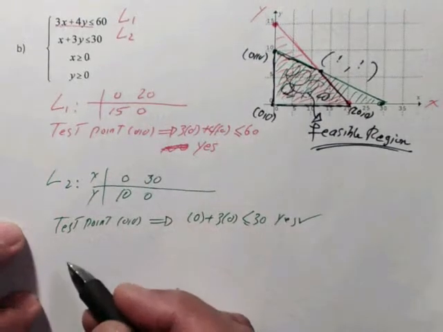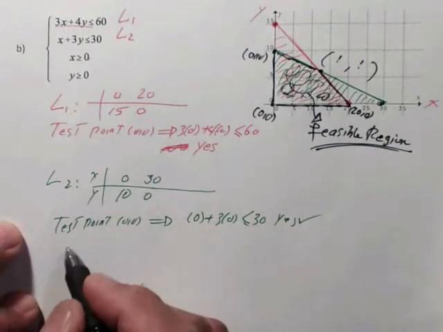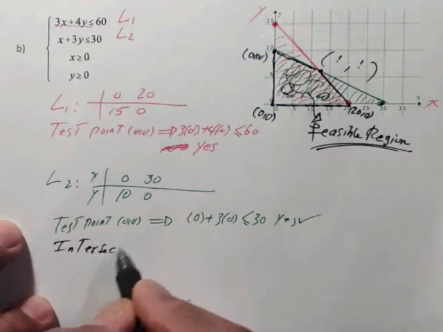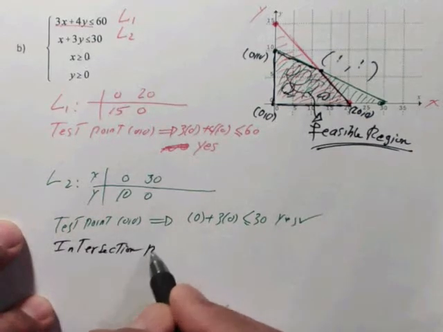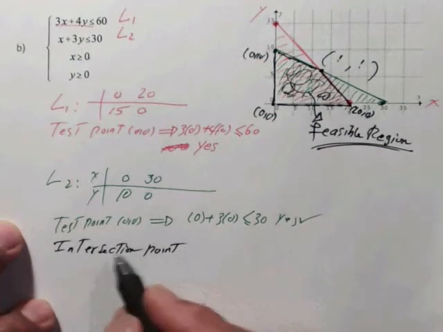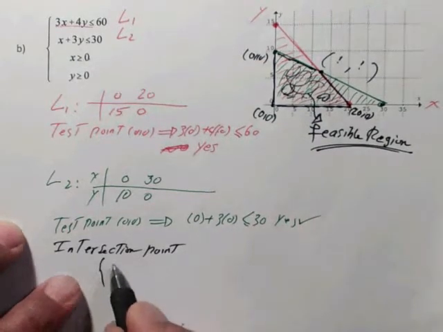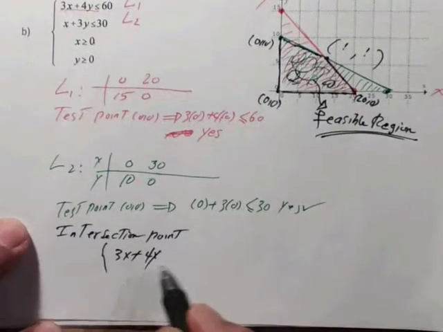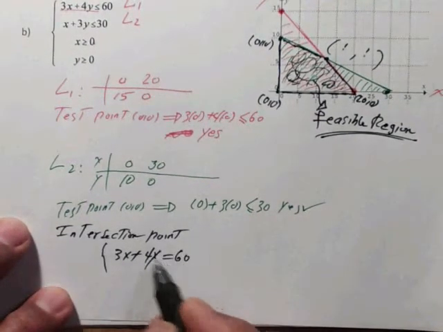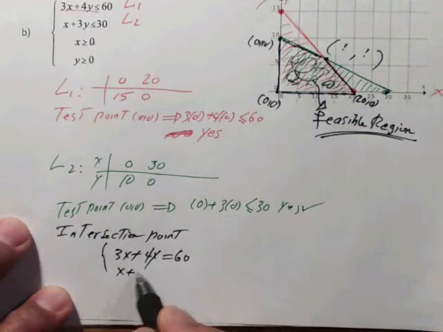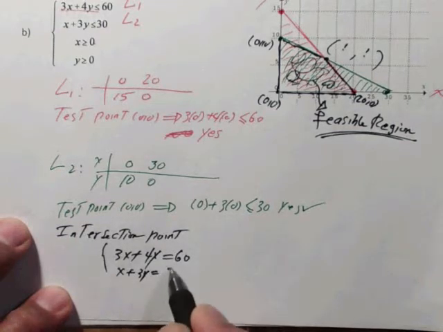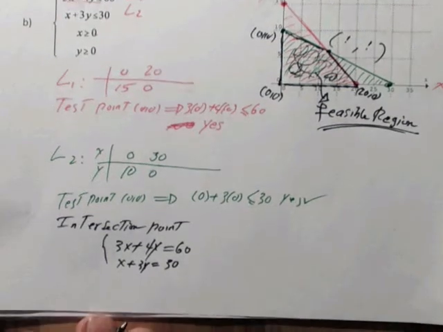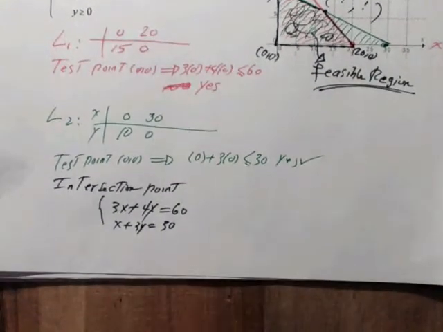So I'm going to write that as the intersection point: 3x plus 4y equal to 60, x plus 3y equal to 30. If I solve this, I get the intersection.